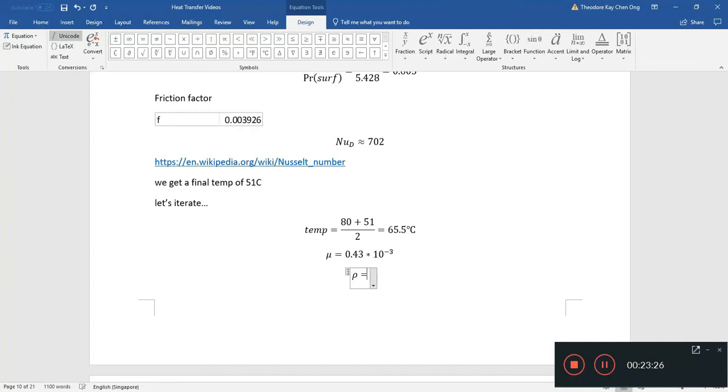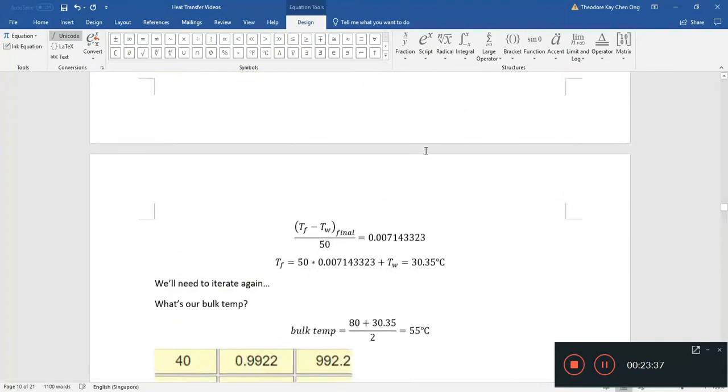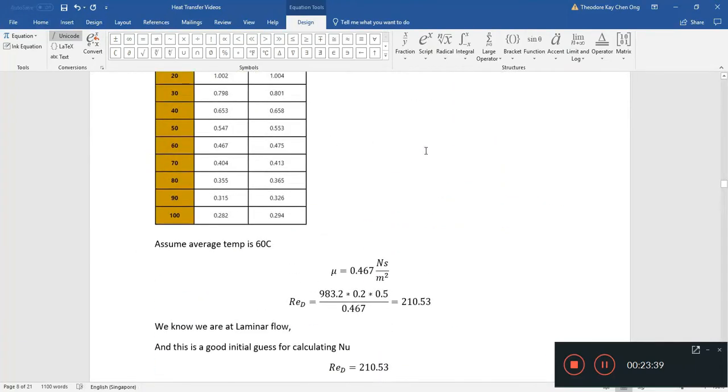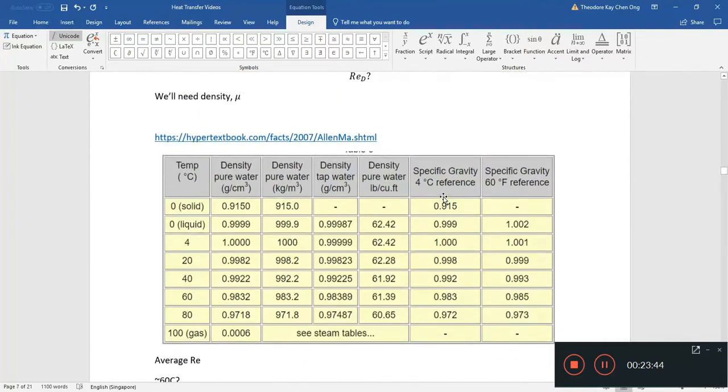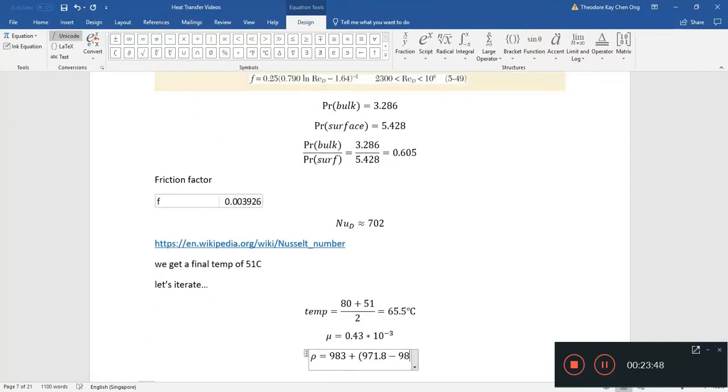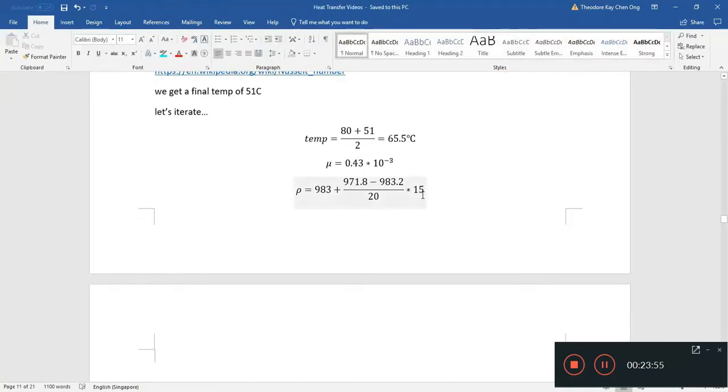Rho equals 983 plus 983 minus 971.8 minus 983.2 divided by 20 times 15. Or 15.